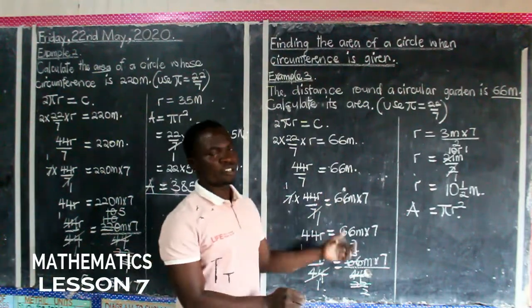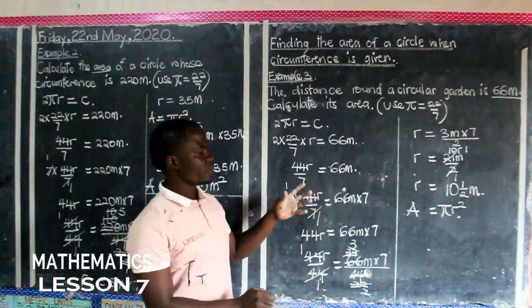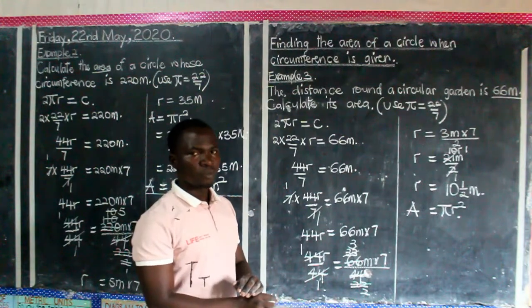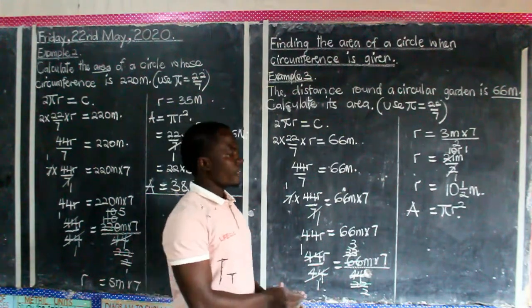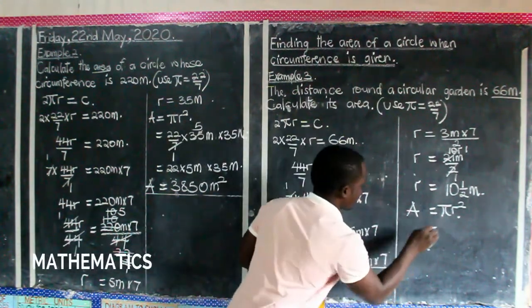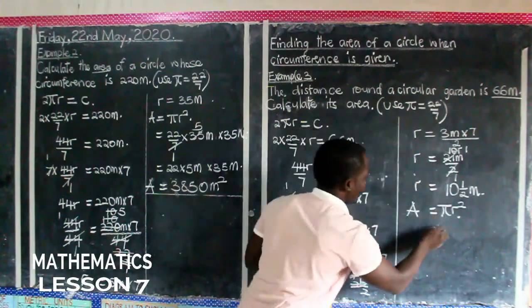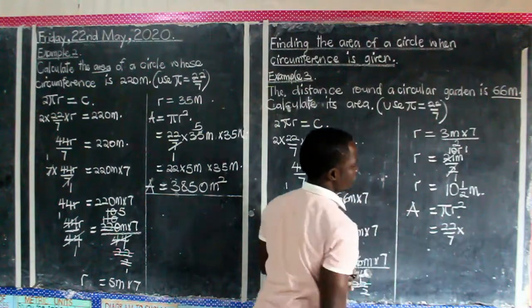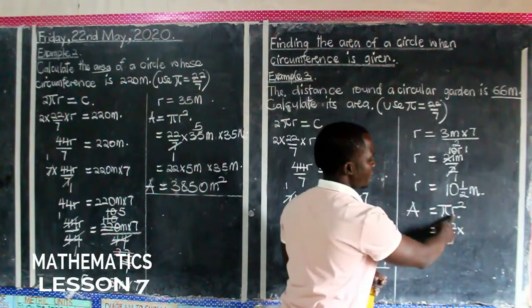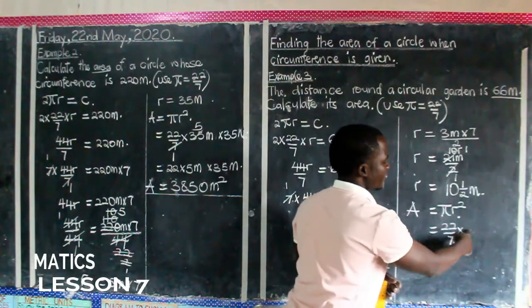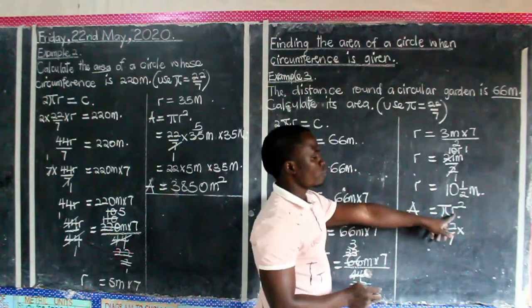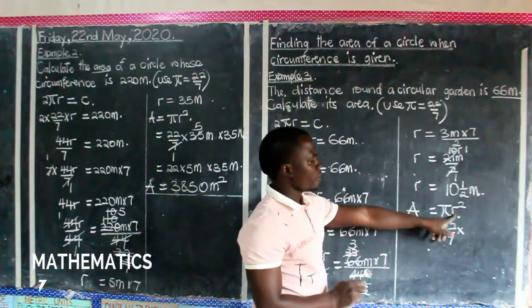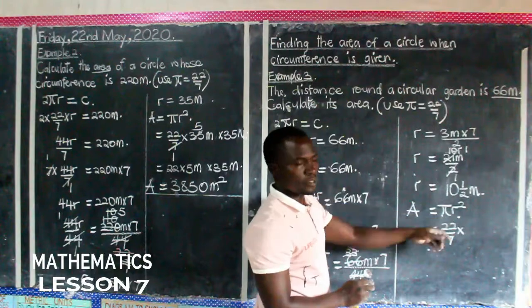So when you're writing your work, make sure it is very, very neat. Make sure you write better than me. Let's continue. Our pi given is 22 out of 7 times the radius. Multiply the radius times the radius, because this is what r squared means.